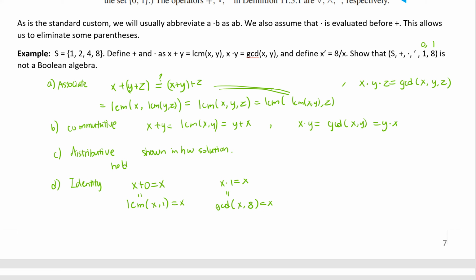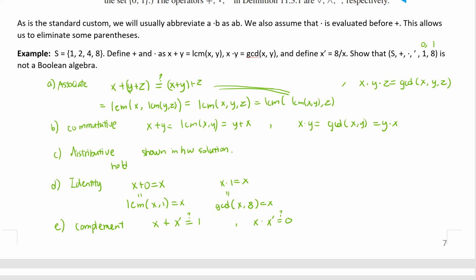So this holds. Because we only have 5 laws total and all of those 4 hold, maybe you should know that the complement law must fail. Okay, so complement laws. What do we want to check? We want to check whether x plus x prime is 1 and whether x times x prime is 0.